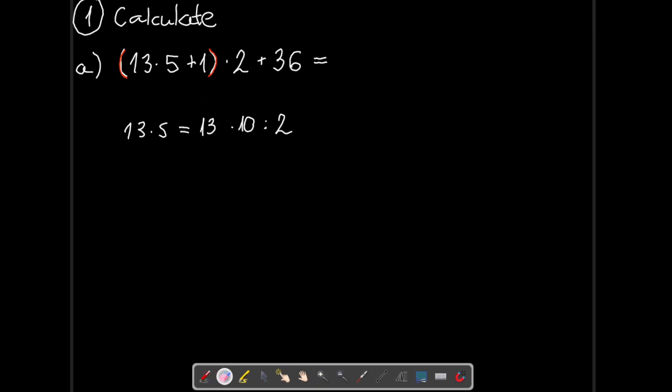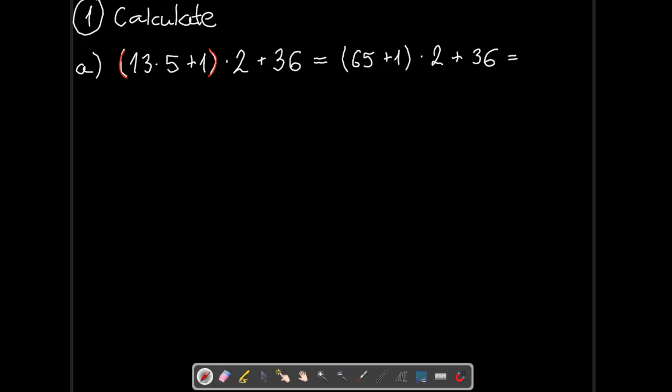I'm kind of skipping steps at this point, so we know 13 times 10 is 130, and then after we divide that by 2, we get 65. So we have 65 plus 1 times 2 plus 36.